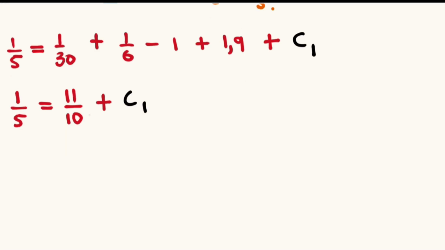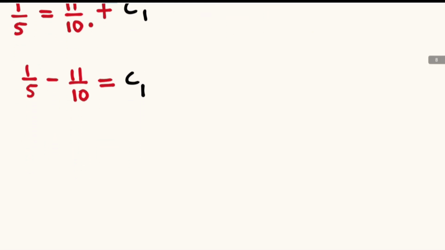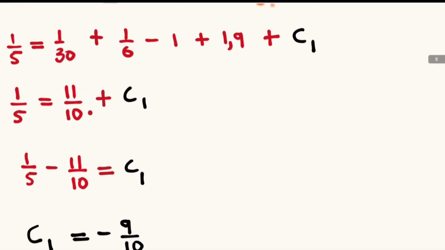We take this 11 divided by 10 to the left and it's going to change sign to negative 11 divided by 10, which is equal to c1. So the numerical value of c1 will be equal to 1 over 5 minus 11 divided by 10, which is equal to negative 9 divided by 10.